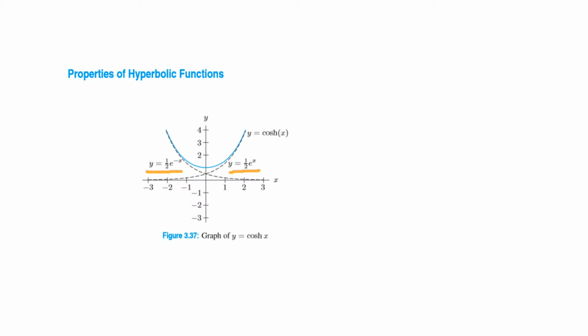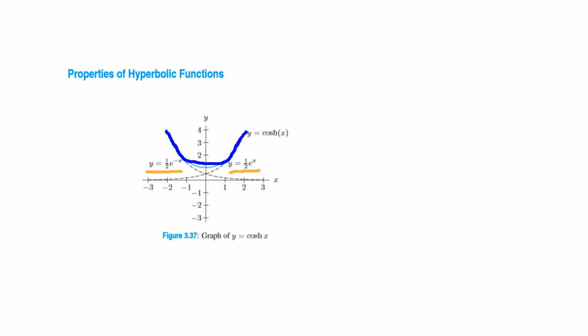One is y equals half e to the power of negative x, and the other is y equals half e to the power of x. So then we draw a graph followed by the guidelines, and we can get hyperbolic cosine of x.